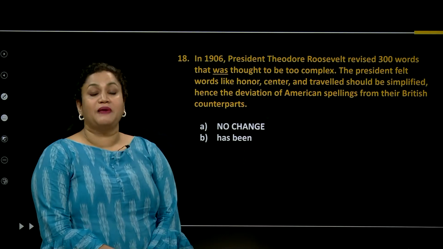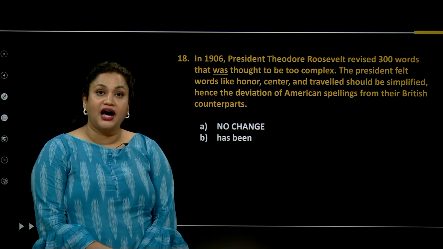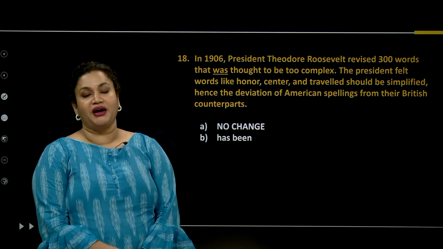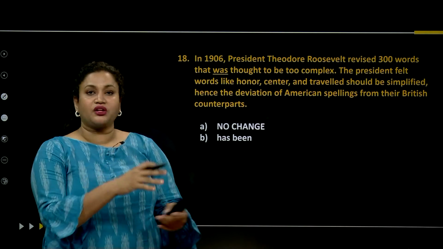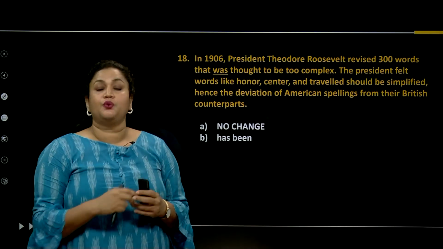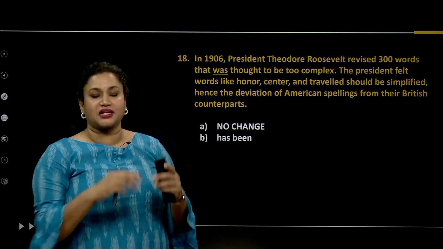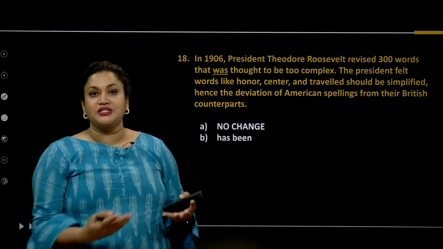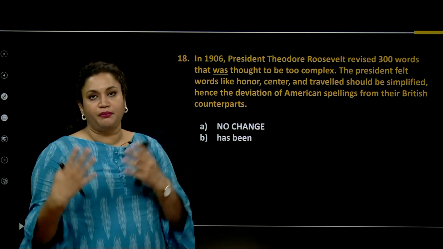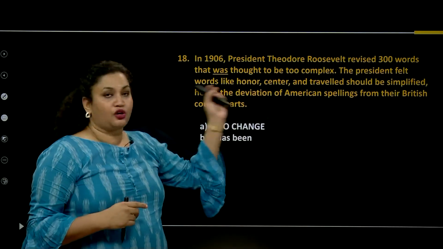In the same way, the spelling of color, COLOUR in British format and COLOR in US format. Even when you're setting your keyboard, if it has UK spellings, you will generally see spelling mistakes coming up. Wherever you have to use S, it shows Z, and if you have to use Z, it shows S. That is because of the deviation that it talks about.